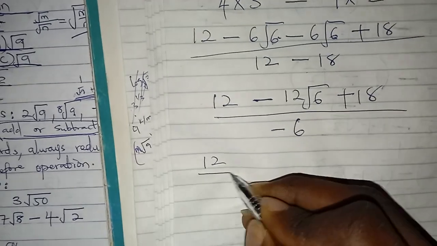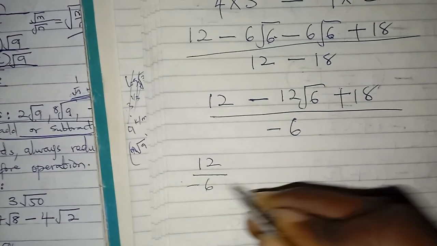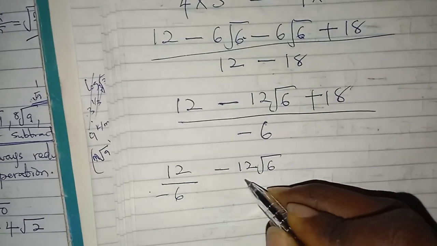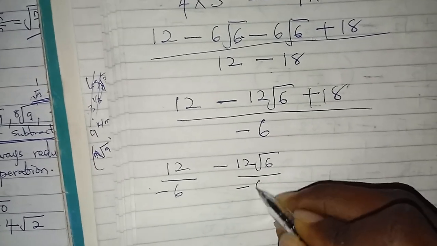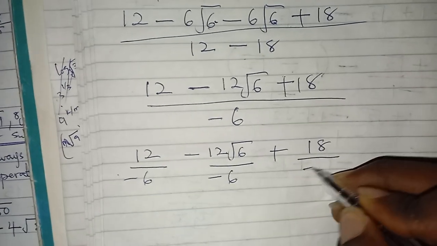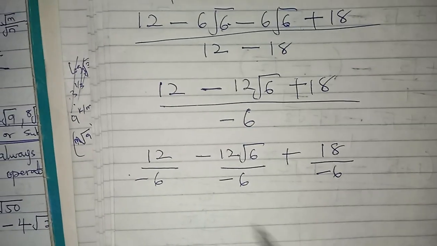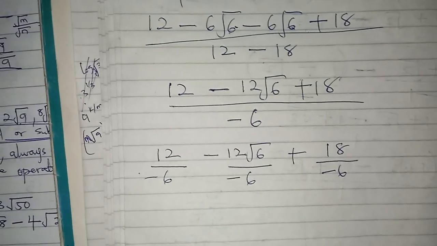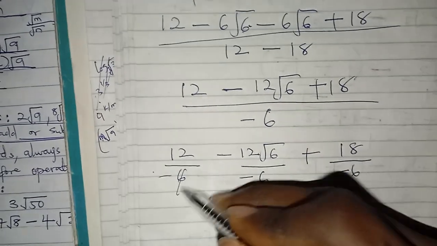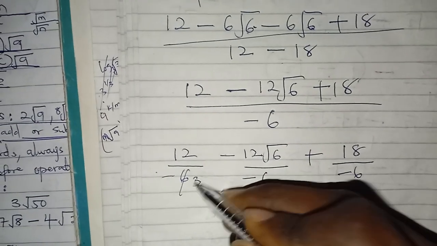12 over minus 6, then minus 12 root 6 over minus 6 plus 18 over minus 6. The LCM is 6. And when you do the maths, it still gives you this. So this can go here, 2 go here, 3.